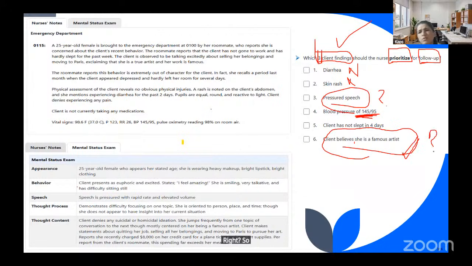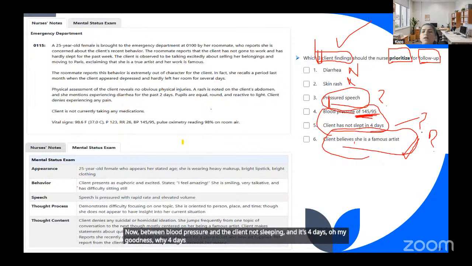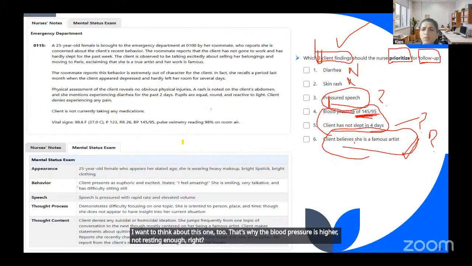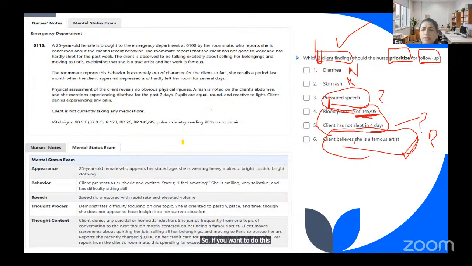So I want to put a question mark for this one too. Now between blood pressure and the client not sleeping, and it's 4 days. Oh my goodness, why 4 days? I want to think about this one too. That's why the blood pressure is higher, not resting enough, right? So if you want to do it this way, this is a first method, and I'll just pick the answers 3, 5, and 6.